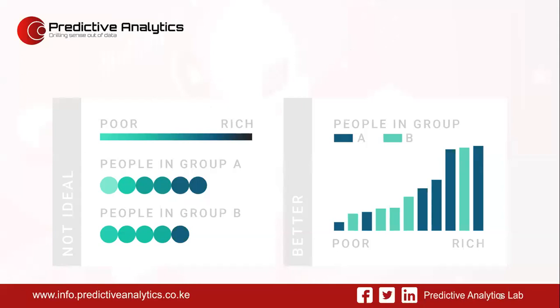But on the right side, on the better map, people in group A and B are clearly distinct: people in group A have a darker shade of blue, and people in group B have light green. So on the left side this is not ideal, and on the right side that is the ideal use of colors.